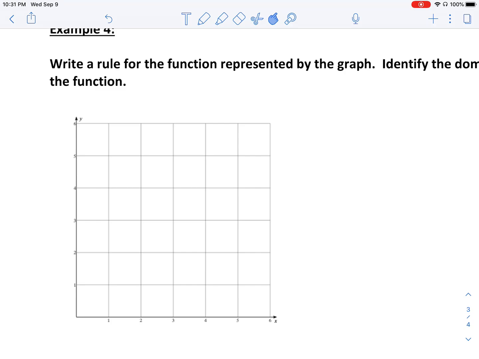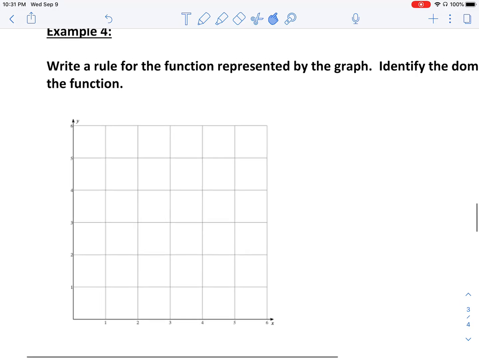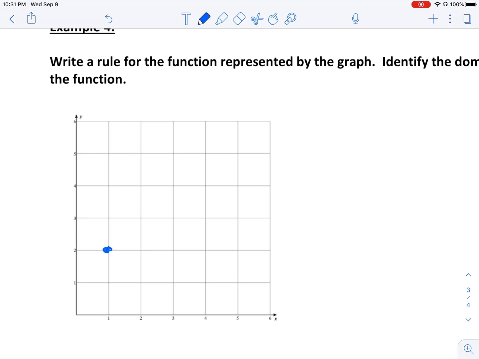Well, here's where your points should have been: at (1, 2), at (2, 3), at (3, 4), at (4, 5), and at (5, 6). They should have been given to you there. Okay, and I goofed when I printed this. So these were given, and they're asking you to write the rule for the function.